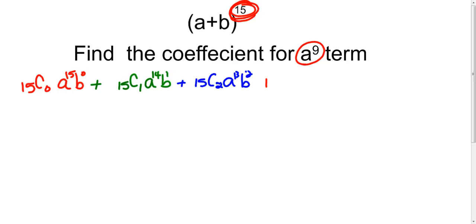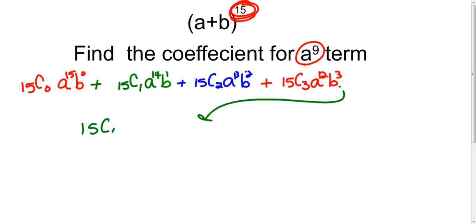The next one, I think you can see a pattern here, 15C3, a to the 12th, b to the 3rd. Okay, I'm just going to keep going. The next one, I'm going to go down here just because I'm out of space. The next one would go 15C4, a to the 11th, b to the 4th.